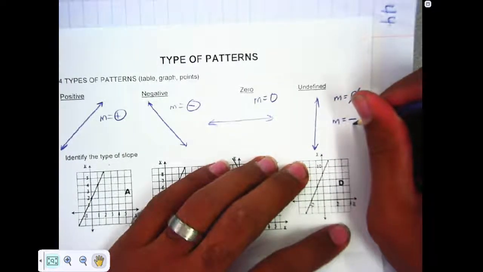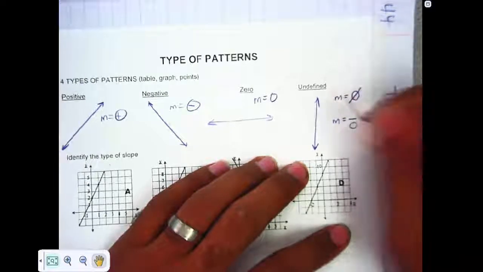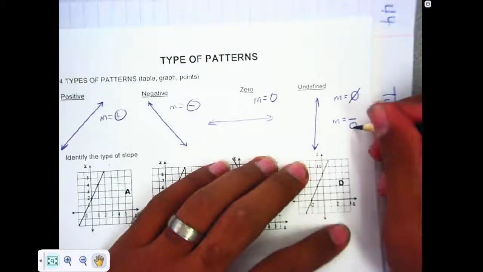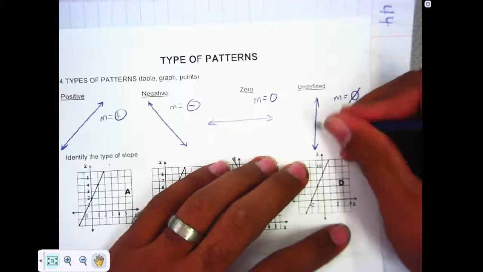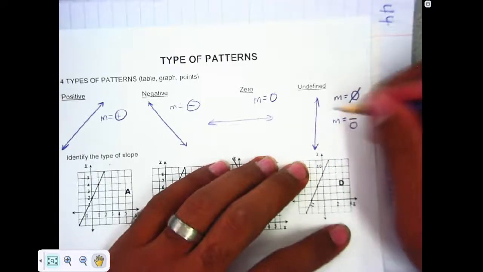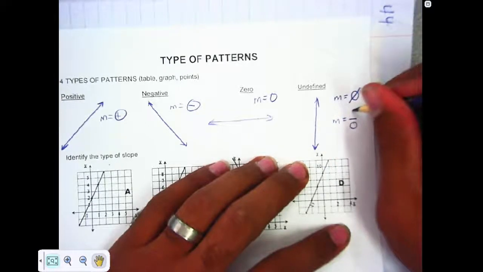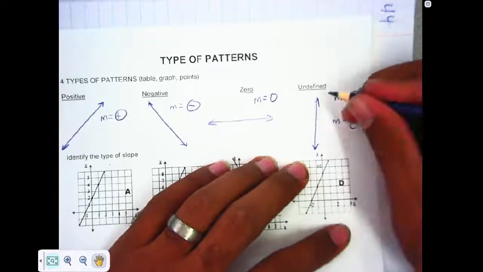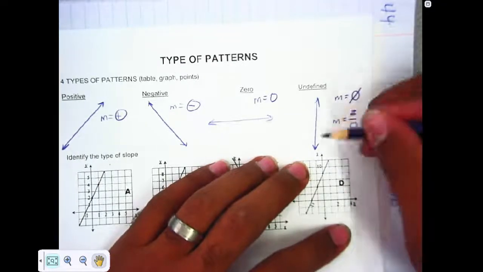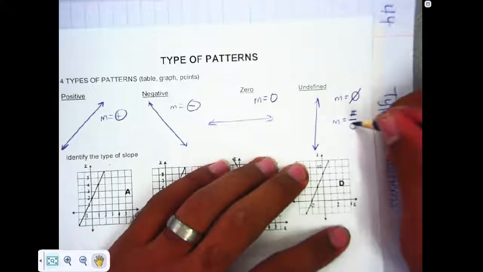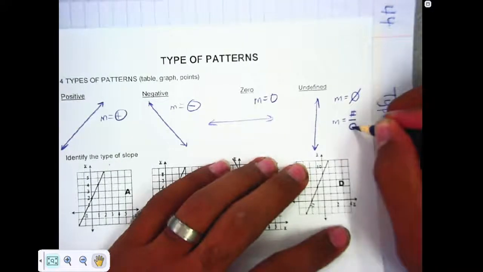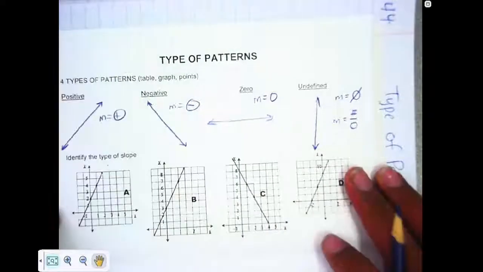So if x is not increasing, because it's not going to the right at all, that means the bottom of the slope, or the change in x, is 0, but the increase, or you could say decrease, in y could be any number. Okay, it could be +1, could be +2, could be +100, because it keeps on going up and up and up. Okay, so because there's no change in x, and x is on the bottom, we call it undefined. Because remember, if 0 is on the bottom, or in the denominator, it's undefined.